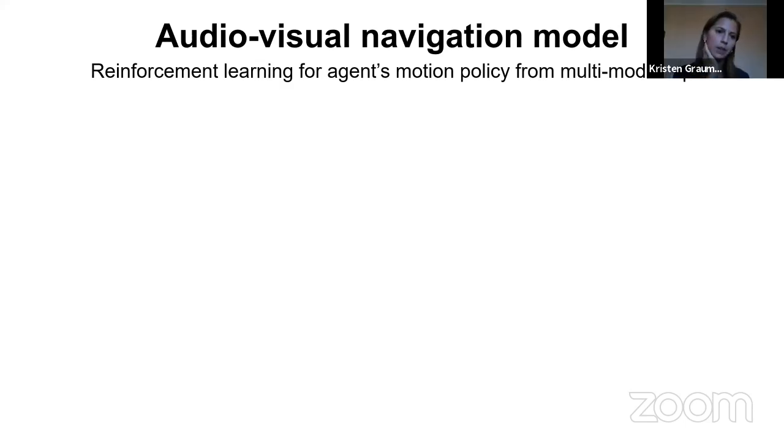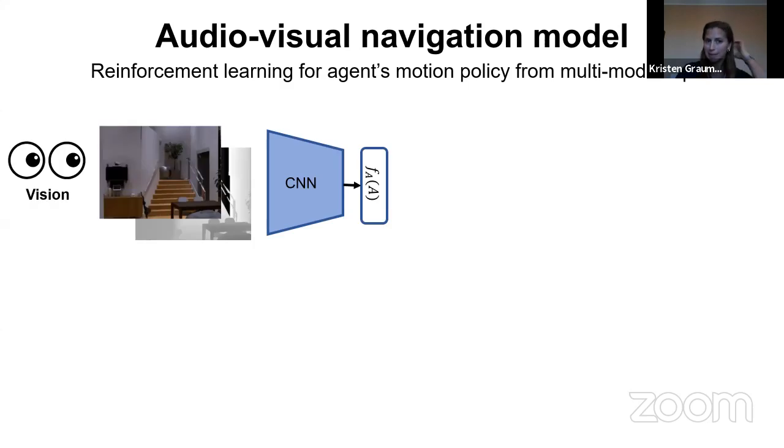Oh, okay, great. Okay. So here we're developing a deep reinforcement learning approach to train a policy for an agent to navigate to solve audio goal or audio point goal. And so it looks like this. On the input side, we have our eyes still, so we can see RGB and depth.